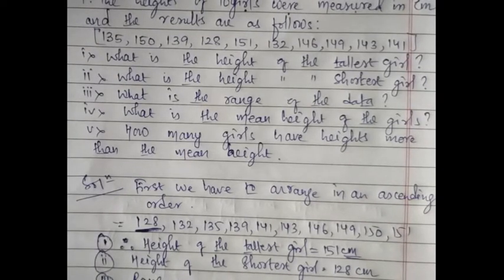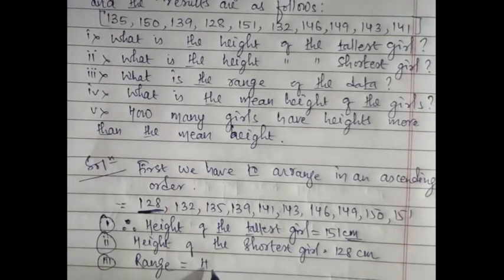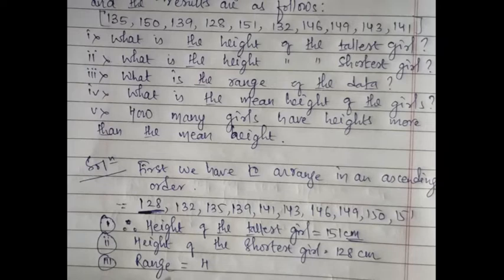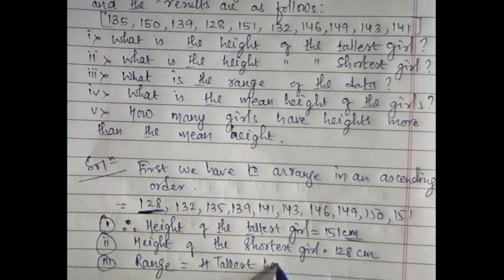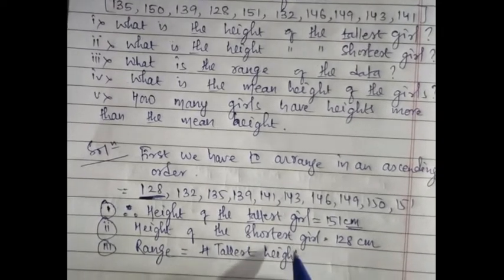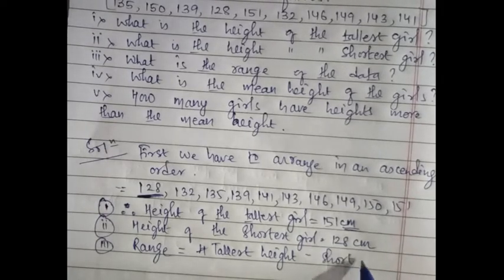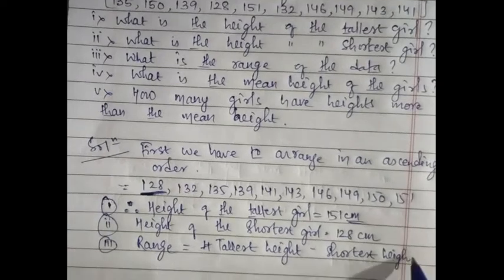What is the formula for range? Range is the highest value minus the lowest value. So you can write tallest height minus shortest height, right?